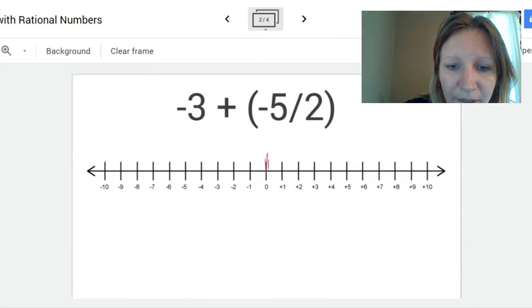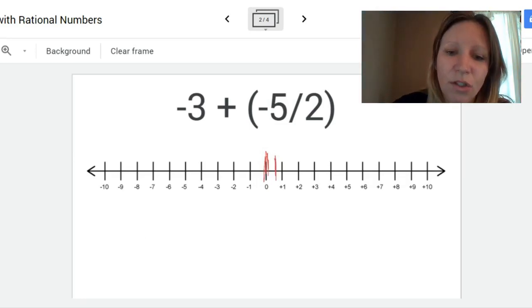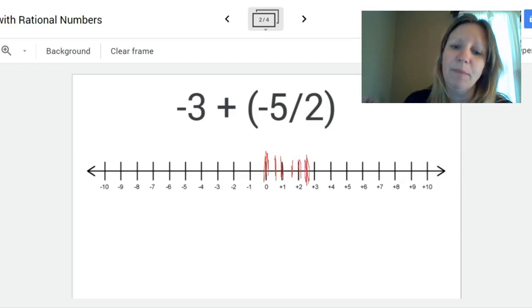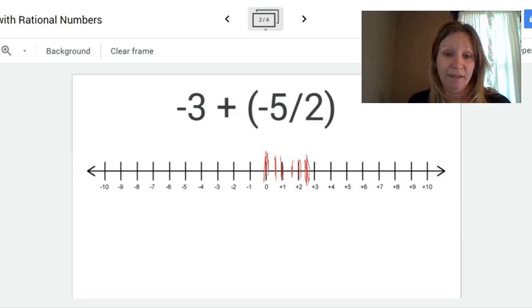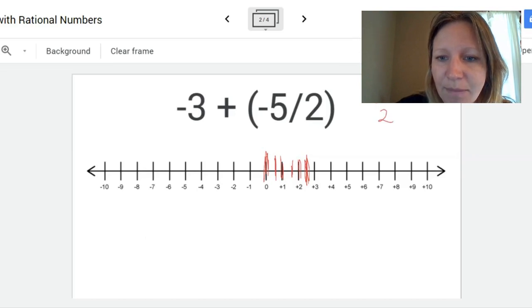So I start at 0. 1/2 is halfway between 0 and 1. 2 halves would be at 1. 3 halves, 4 halves, 5 halves. 5 halves actually puts me at +2.5. So just know 5 halves is the same thing as 2.5.